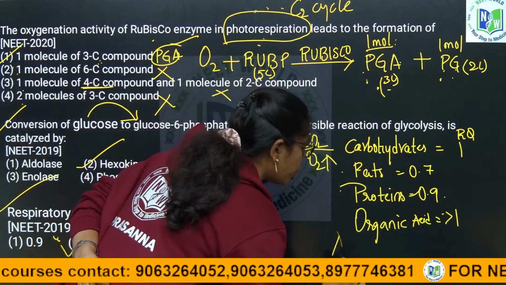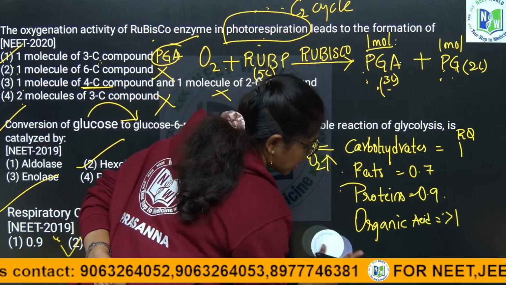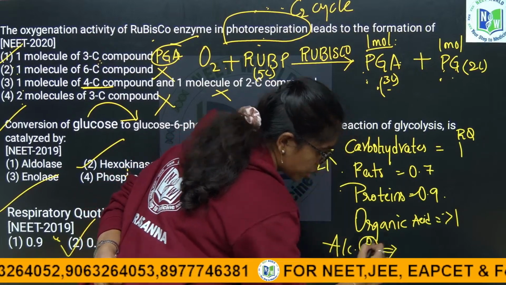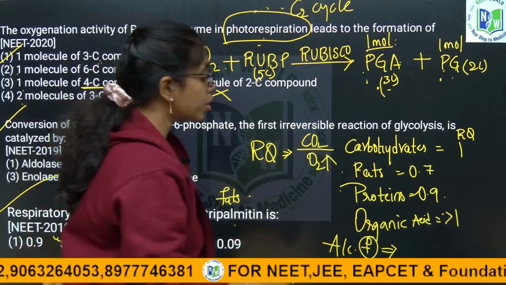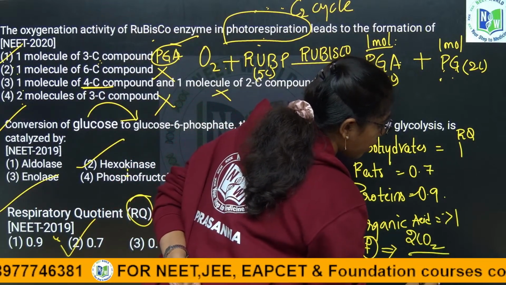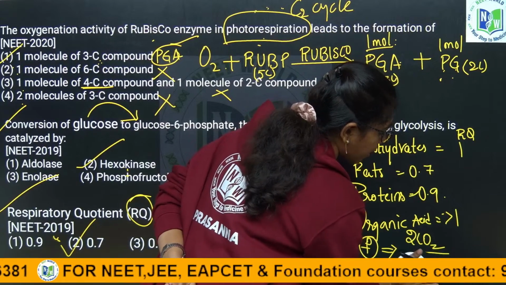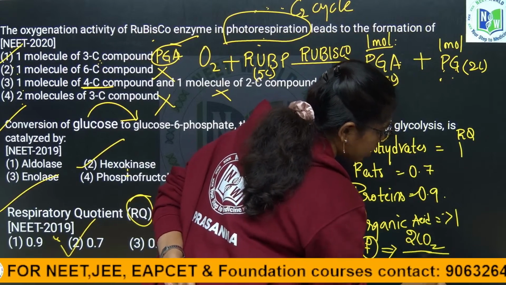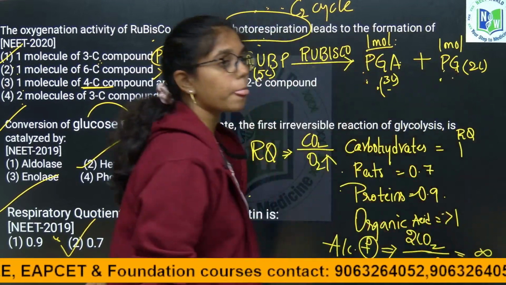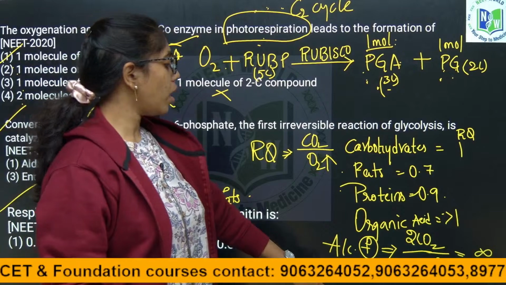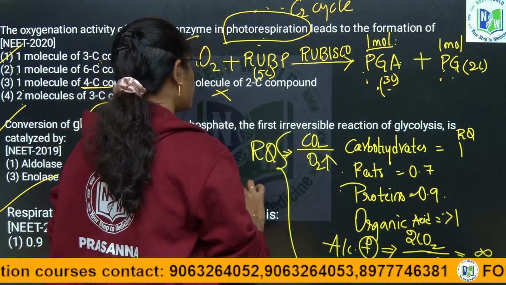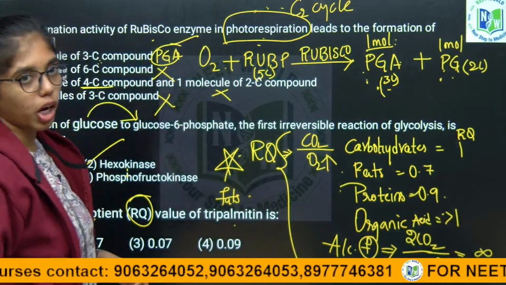For anaerobic respiration, let us consider alcoholic fermentation, where 2 carbon dioxides will be released, right? 2 carbon dioxides by no oxygen, 0 oxygen, something by 0 is infinity. Okay. So, in alcoholic fermentation, the RQ value is infinity. These are a few RQ values you have to remember for sure.